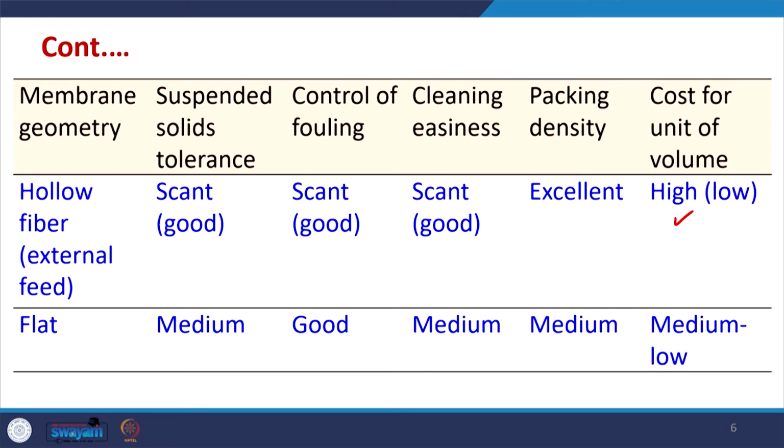For flat membrane geometry, the suspended solids tolerance is medium. They have good control of fouling because they are flat. Ease of cleaning is also okay, and the packing density is medium only. So, they have medium to low cost.